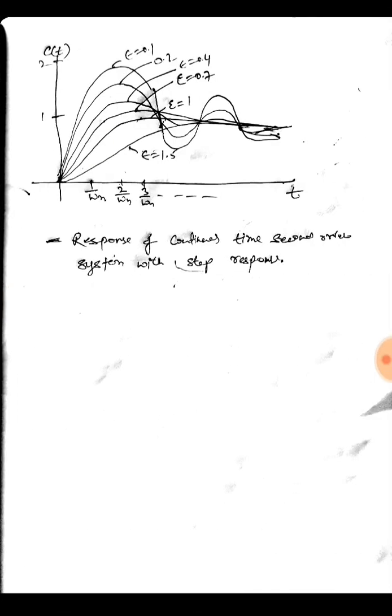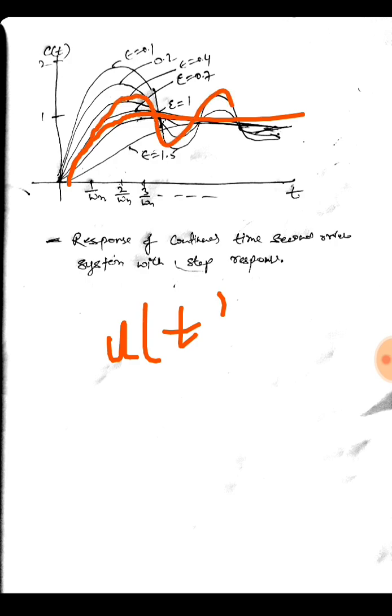So this would be the second order response for a unit step, that is u(t). I have used the unit step in the solution, so it can change if I use a ramp signal or a parabolic signal. So this is our ζ equal to 1. As the value of ζ is decreasing, we are getting more fluctuations in our signal.